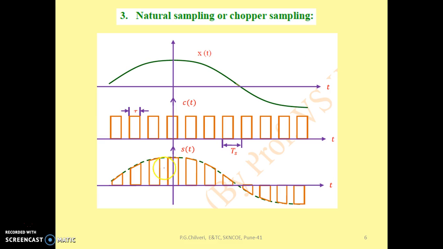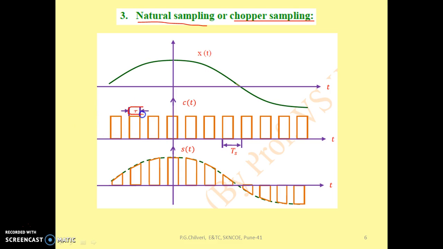Now the next type is natural sampling. So here you have the natural sampling waveforms. Natural sampling, or chopper sampling. Why is it called a chopper? Because the input signal is chopped, and you can see here it is chopped using a finite width.